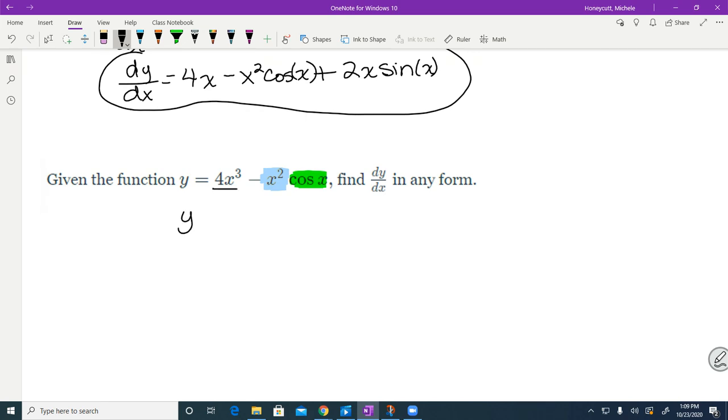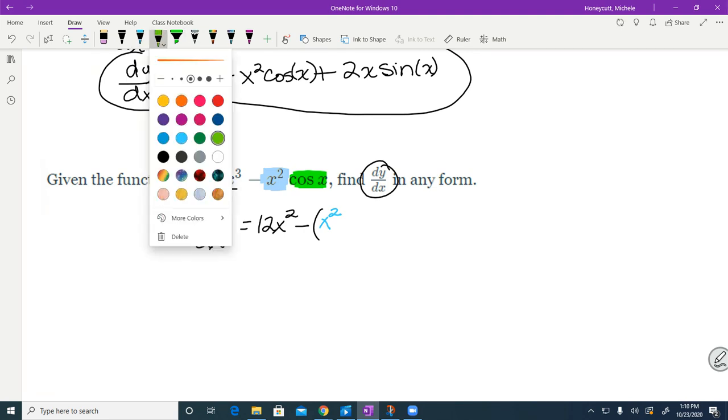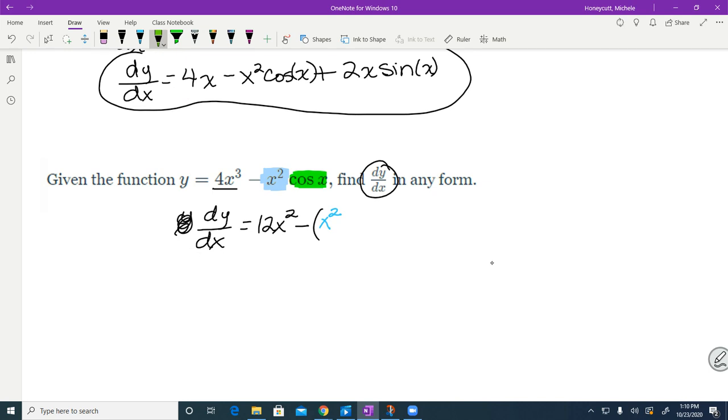So y prime, not y prime, they want me to find dy dx. dy dx equals the derivative of 4x cubed is 12x squared minus, then I'm going to apply the product rule. The product rule is the first function, x squared, times the derivative of the second function. So let's see, the second function is cosine.